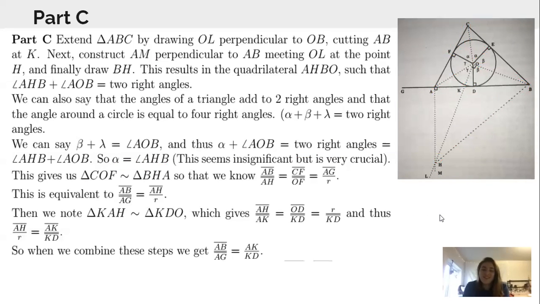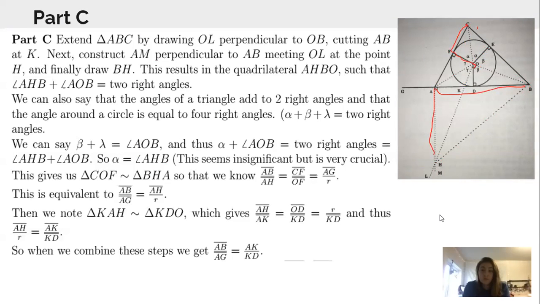So this is proportional to this, which is equal to the proportion of CF and OF. Sorry, that wasn't the right line. CF over OF. Okay.